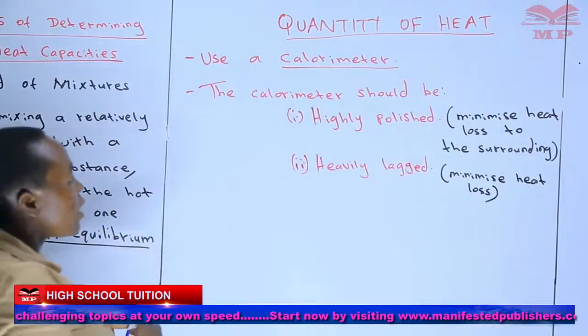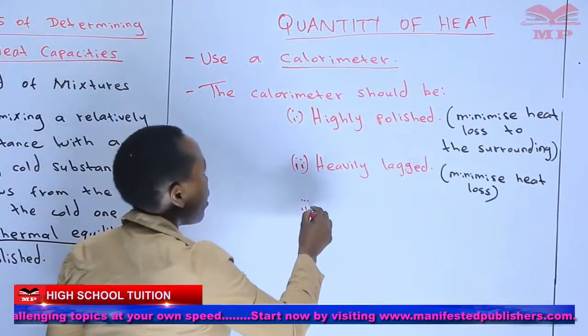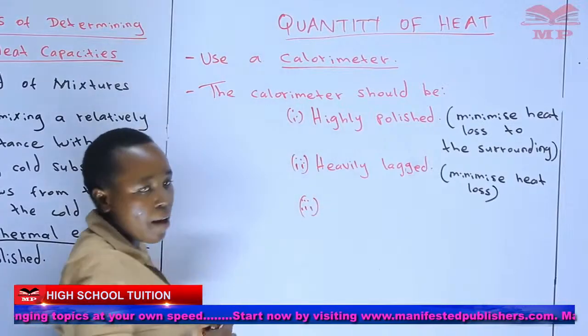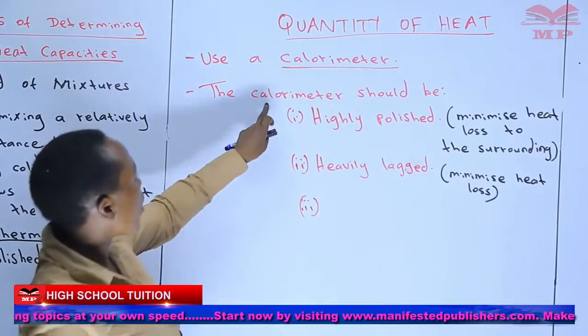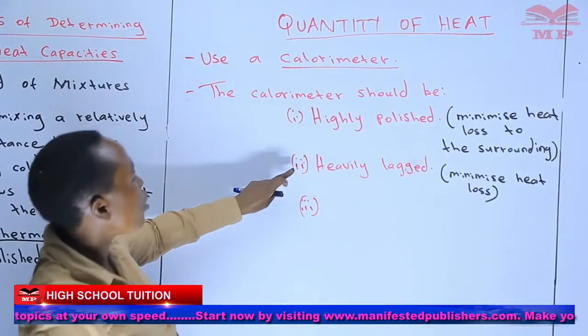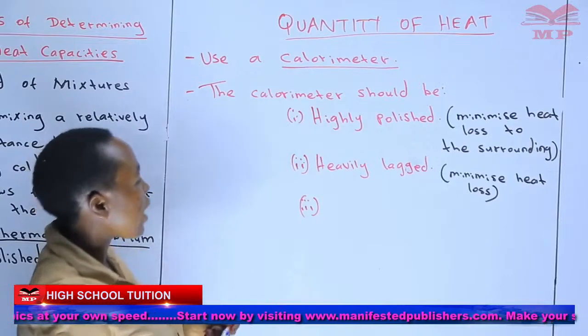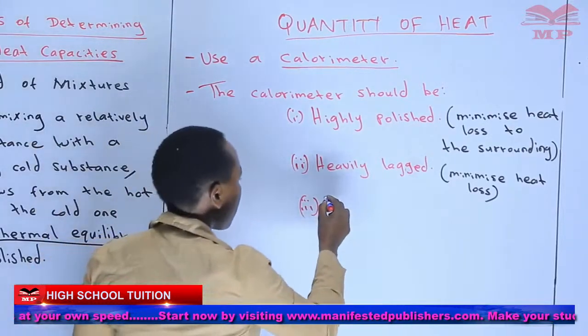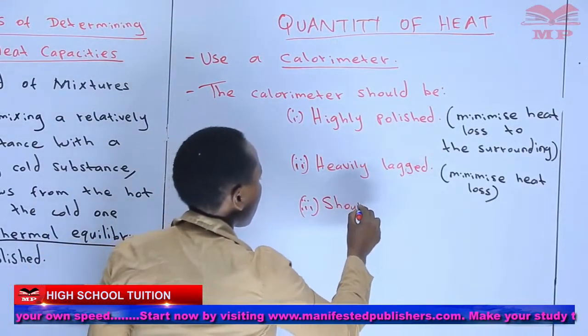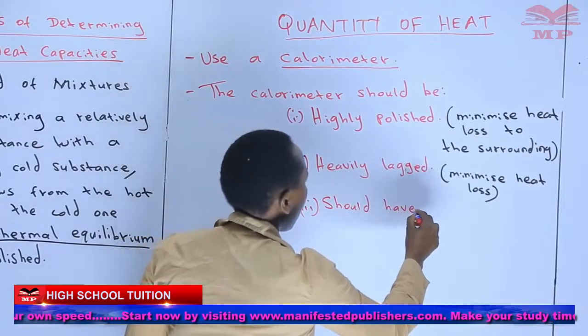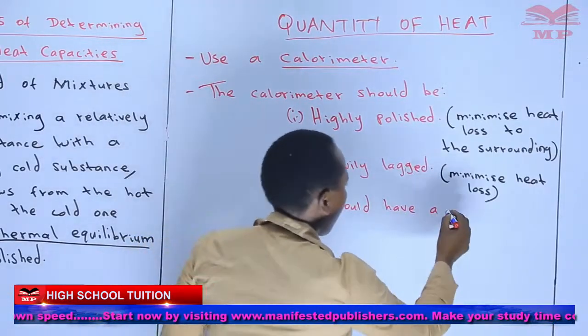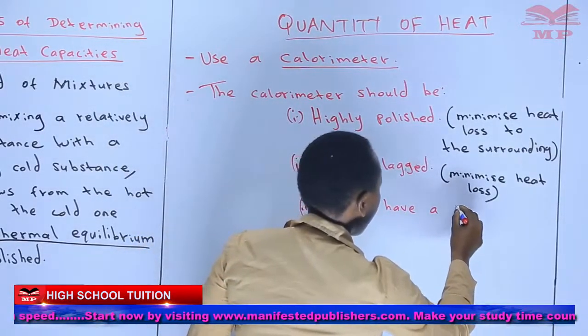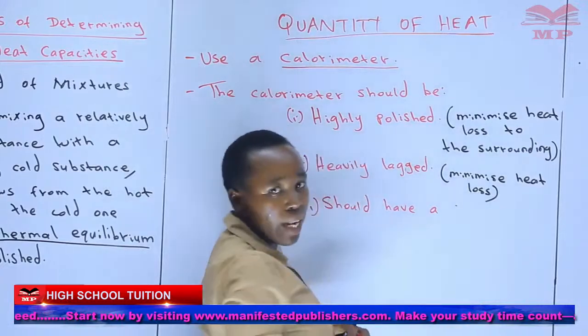And finally, the calorimeter should be highly polished, should be heavily lagged, and should have a lid which is a poor conductor of heat.